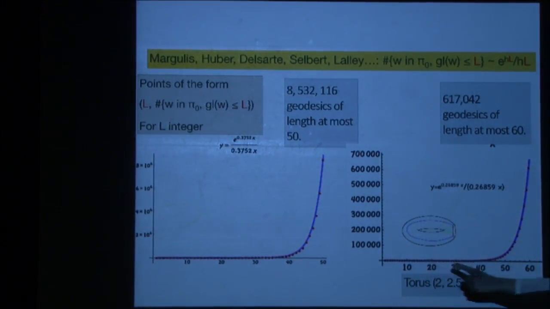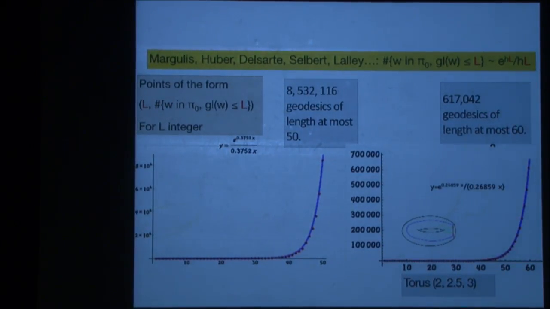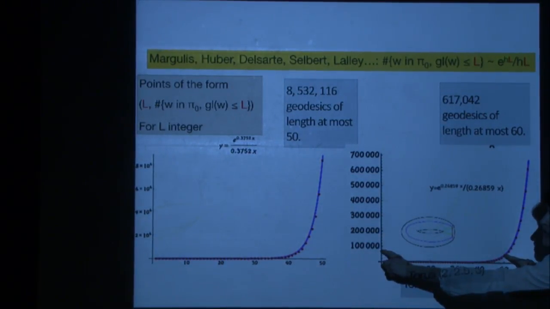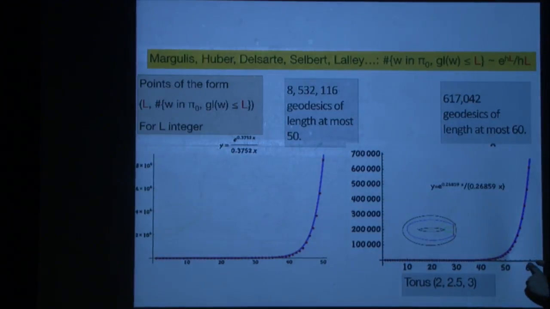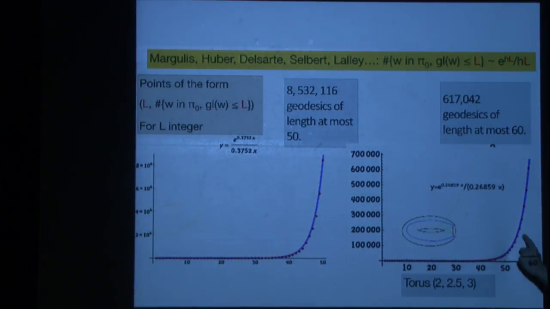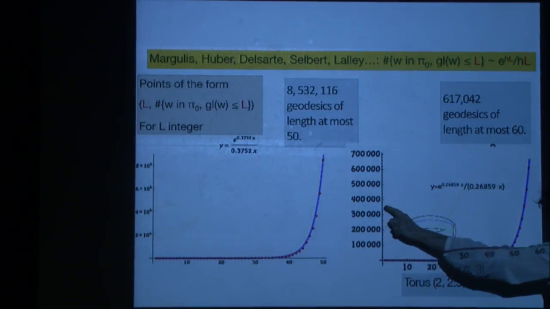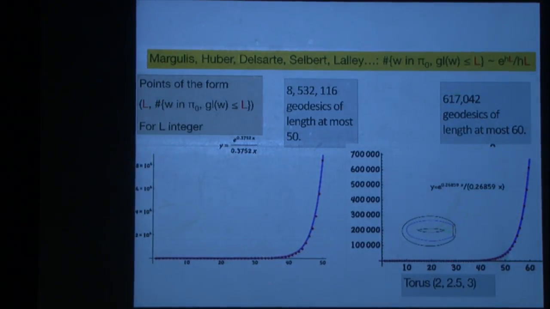I don't know if you can see, these red points are counting how many geodesics we have up to, say, length 50. So here, this red dot says I have about 80,000. Up to length 59, we have 300,000. So each red dot is that.